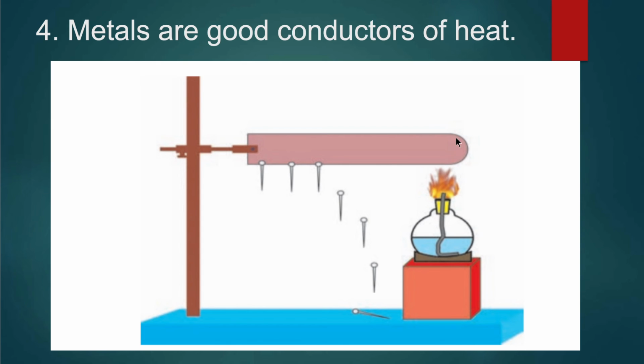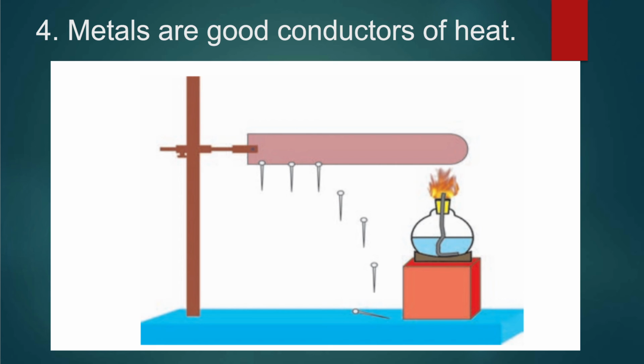When the iron rod is heated, the heat transfers from this end to the other end. So the pins which are attached very near to the spirit lamp start falling one by one. One by one these pins fall as the heat is being conducted from one end to the other end.